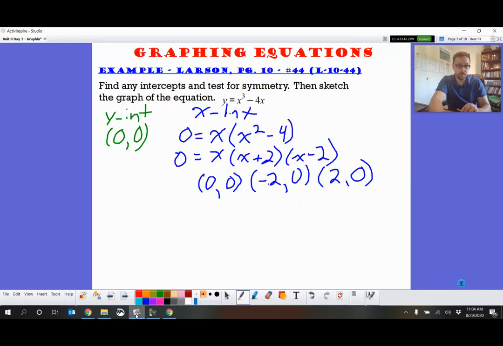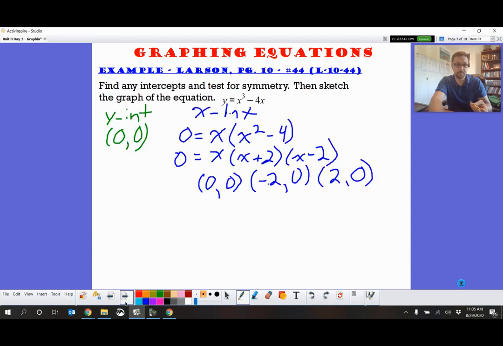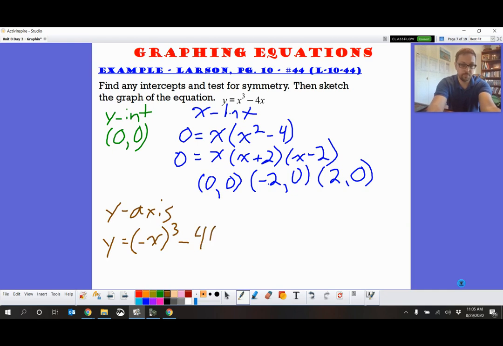So first, to check if it's symmetric to the y-axis, we're going to put a negative inside of our function, replace x with negative x, and see if nothing changes. If nothing changes, it's symmetric to the y-axis. So I'm going to replace that x with a negative x and see if nothing changes.